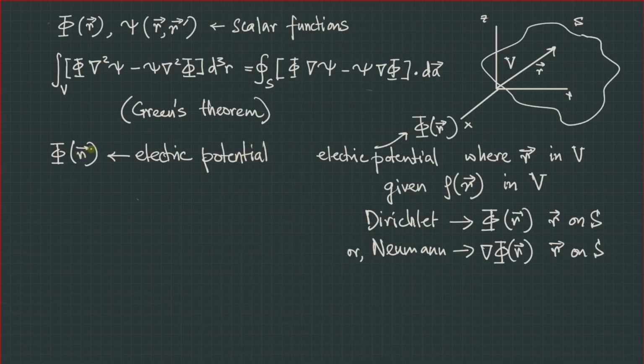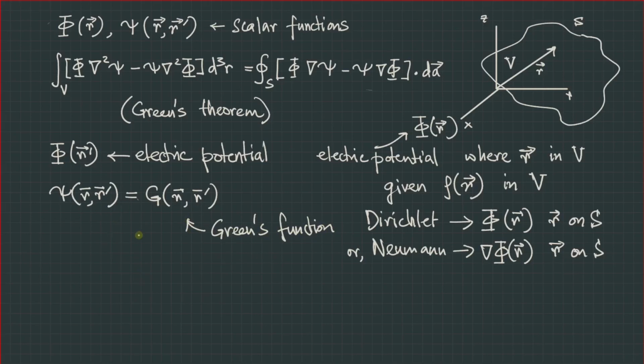Maybe we will use some other variable, r dash, to indicate this electric potential, and for psi we will substitute something called a Green's function.